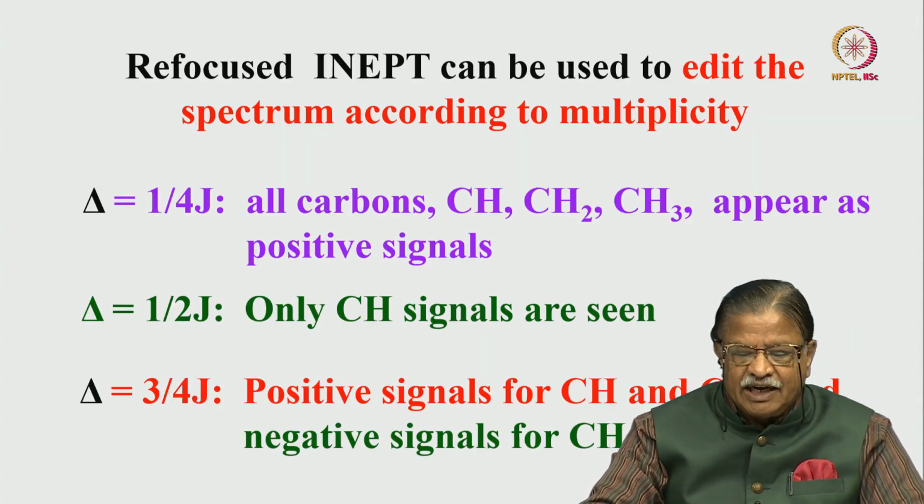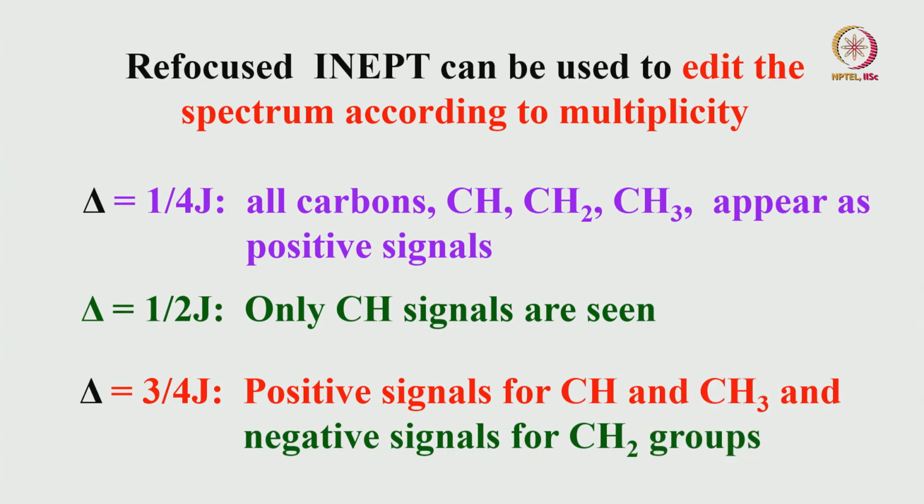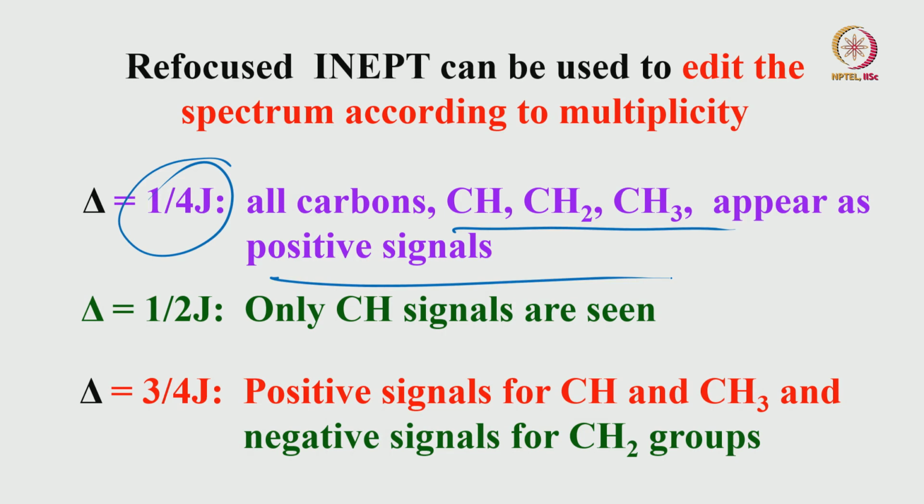So with the refocused INEPT, you can now use this to edit the spectrum based on the multiplicity of the carbons. How? We already discussed. If you put delta equal to 1/4J, all the carbons, CH, CH2, CH3, appear as positive signals. Exactly at 1/4J, all carbons are positive.